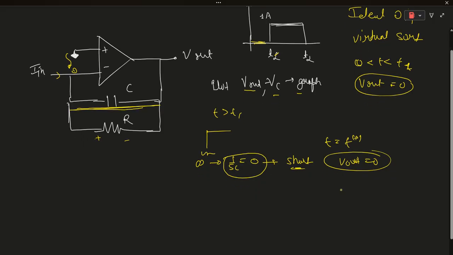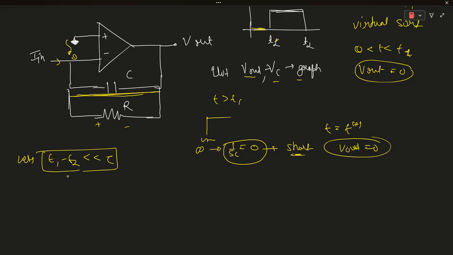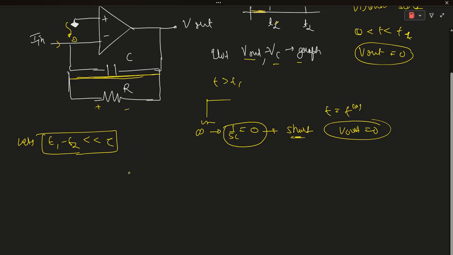Okay. But now, let's assume that the t2 minus t1 time period is less than the tau time period. We are assuming this condition. Tau time period means the capacitor will not charge fully and not discharge fully in the t1 to t2 time period.